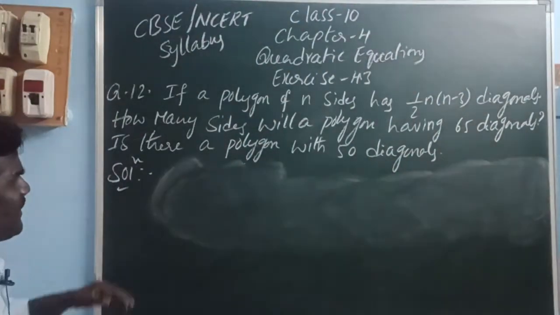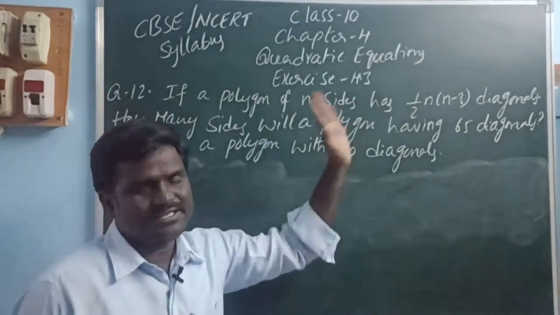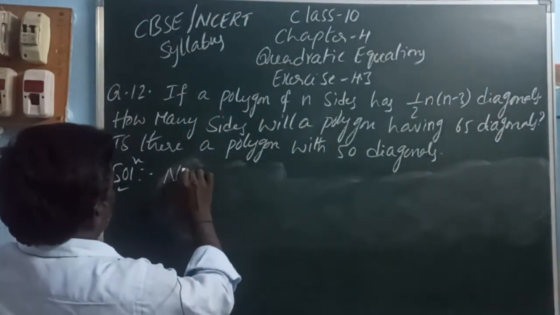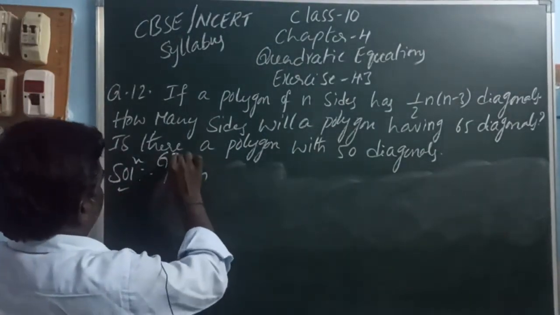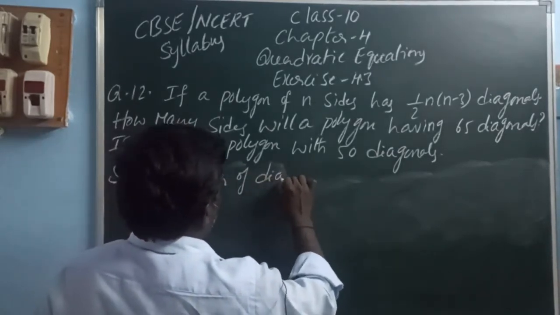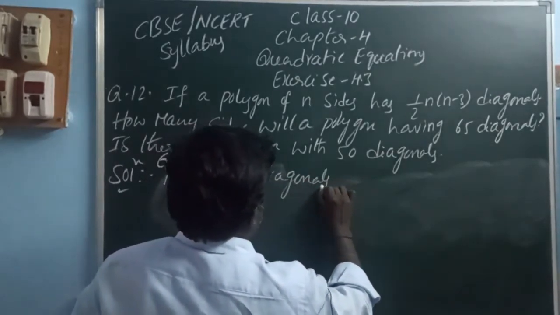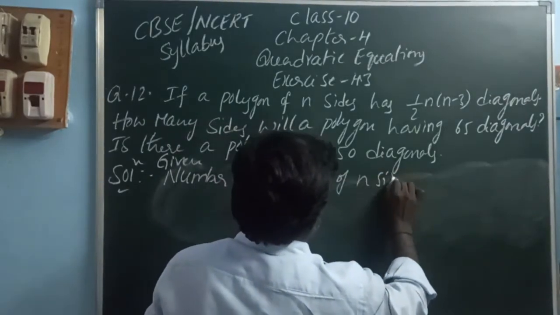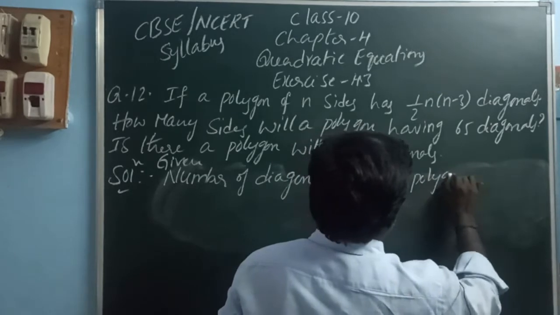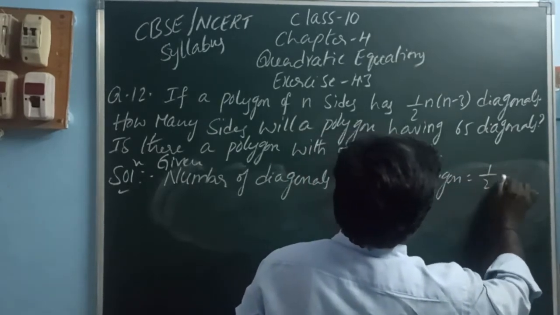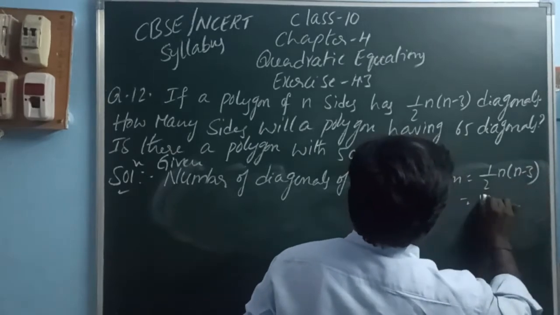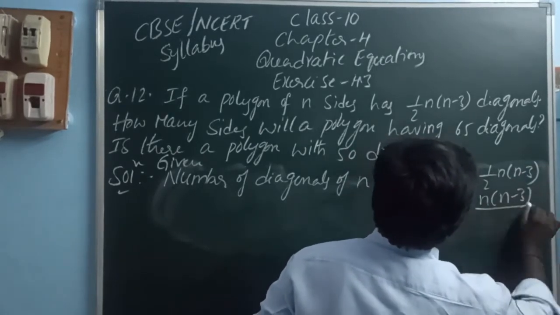Here they are asking how many sides a polygon having 65 diagonals will have. The number of diagonals of an n-sided polygon is 1 by 2 n of n minus 3, which we can write as n of n minus 3 by 2.